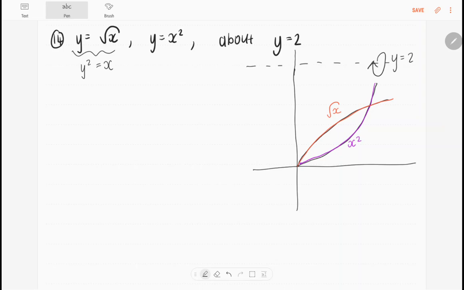We need to know where they intersect, and then we also have to decide which method we want to use. What we're going to do is use the washer method in this case.